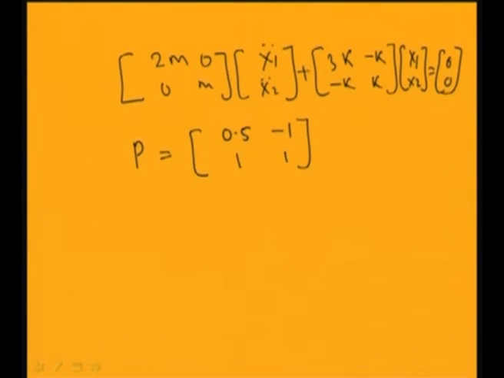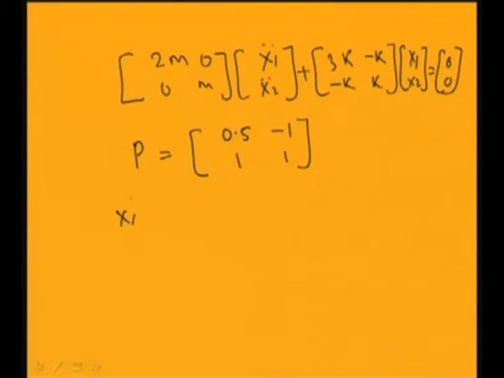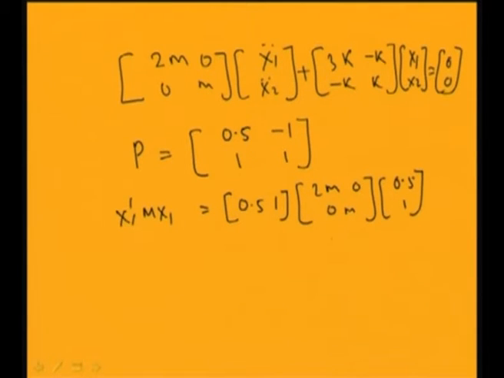So to find the weighted modal matrix we should find the generalized mass matrix and generalized stiffness matrix. So to find generalized mass matrix I can find it in this way. So I can find x1 dash M x1. So this becomes 0.5 1 into 2m 0 0 m into 0.5 1. Already I have found it.